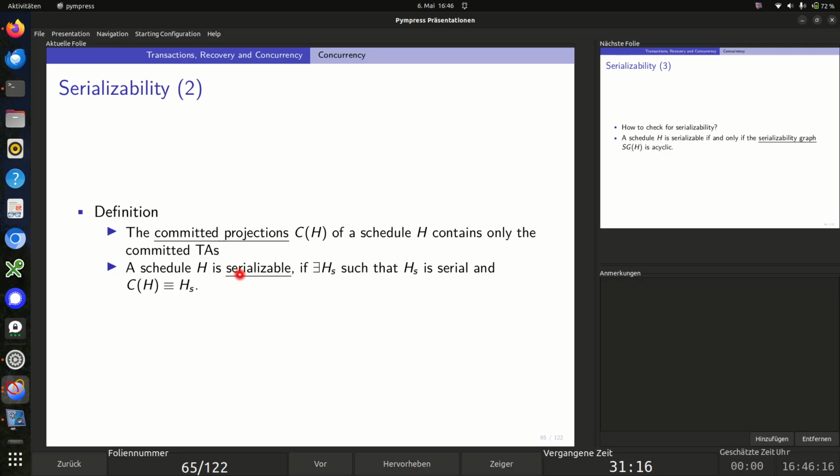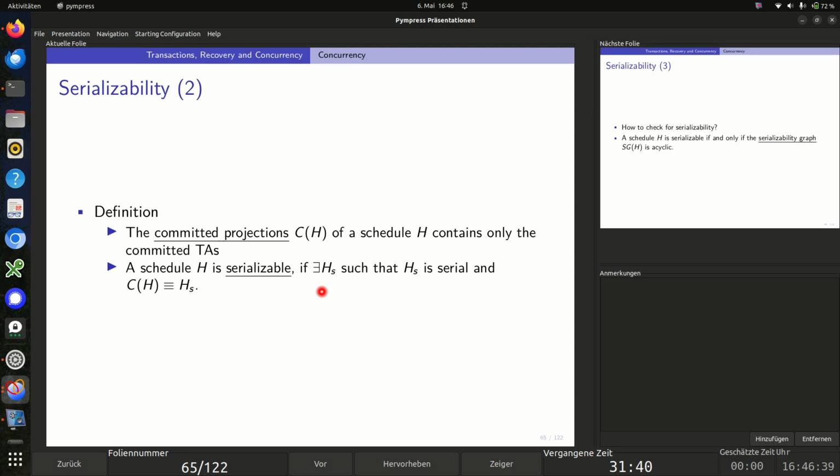A schedule is serializable if there is a serial schedule it can be transformed into. If you can swap the operations until you have a serial schedule, then the schedule is serializable.